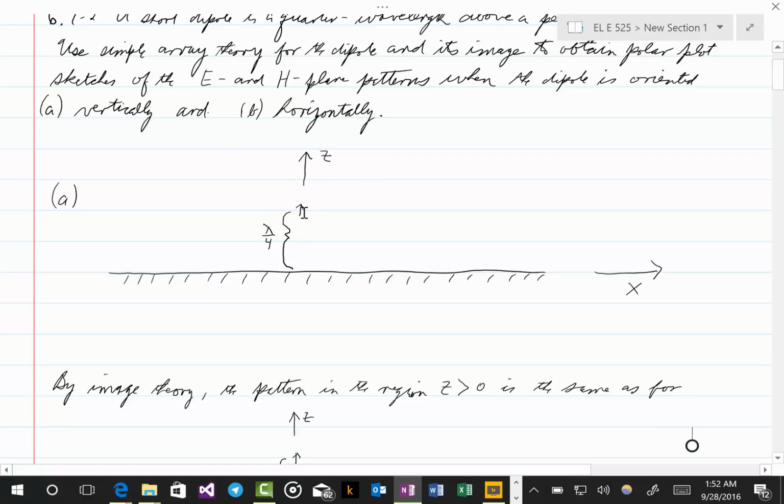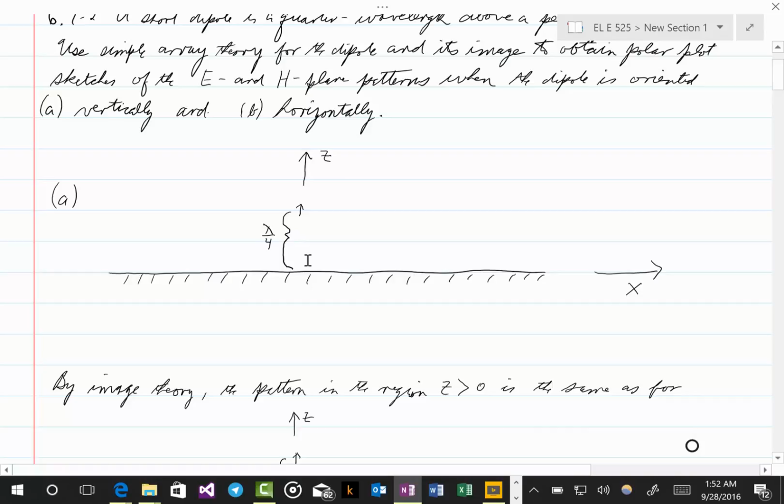This little arrow here represents the short dipole, and it is a vertical dipole in this first case, so it's pointing up, perpendicular to the ground plane. And finally, the dipole is, as given in the problem, a quarter wavelength above the ground plane.